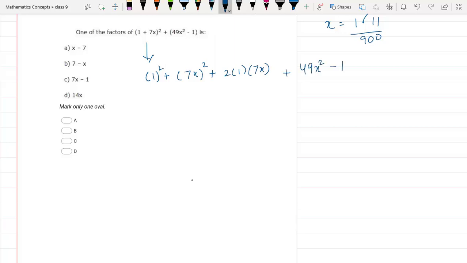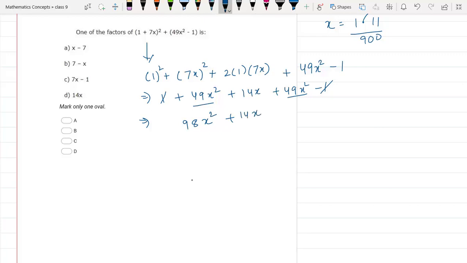Further solve it. 1 square is 1, 49x square plus 2 7s are 14x plus 49x square minus 1. So this minus 1 and plus 1 will cancel. 49 and 49 are the same positive numbers, so they will be added. 9 9 18, 4 plus 4 8 plus 1 is 9, so 98x square plus 14x. So this is the expanded form.